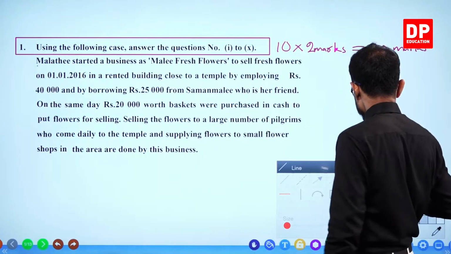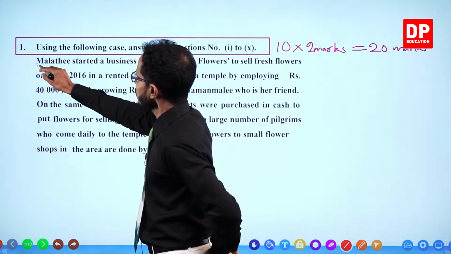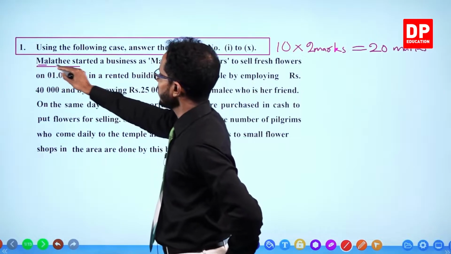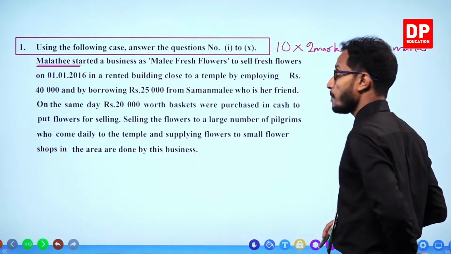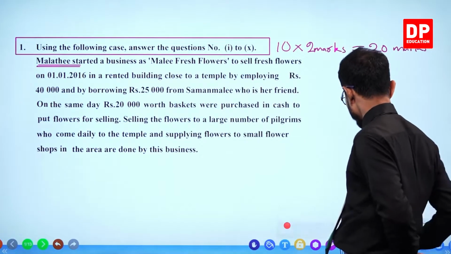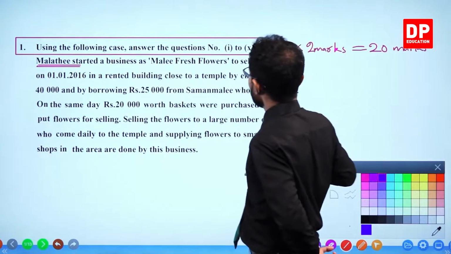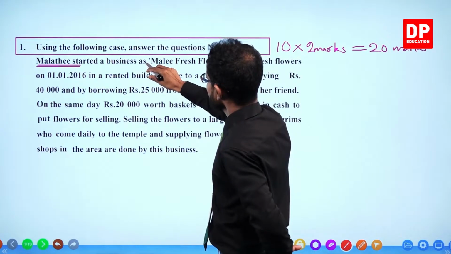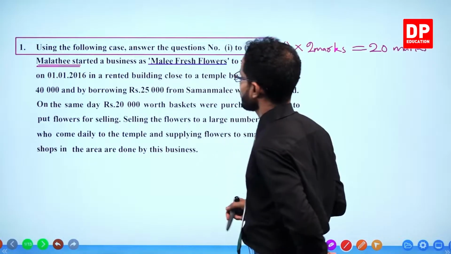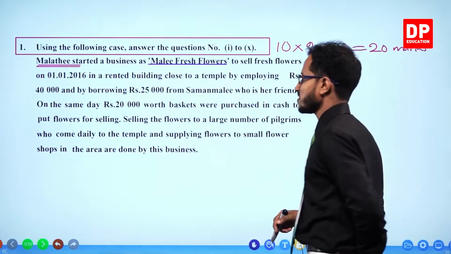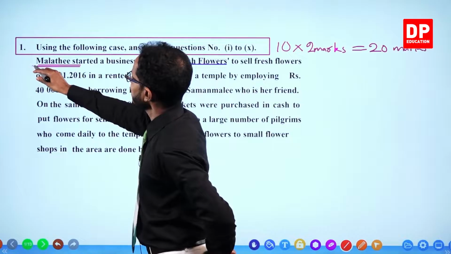Now, Malati is the only owner. Malati started the business. The business name is Mali Fresh Flowers, because Malati started it.